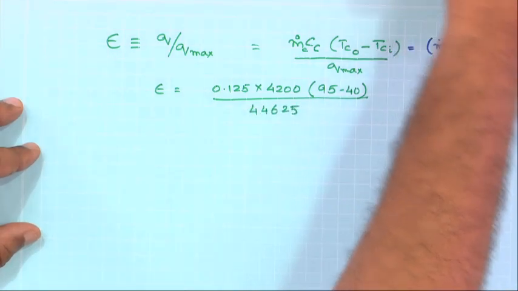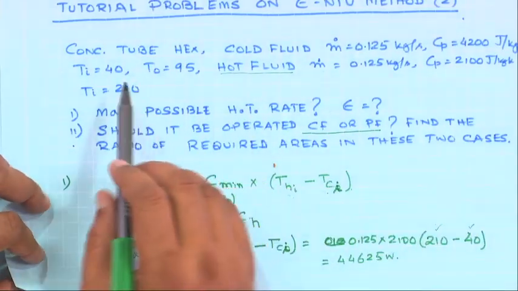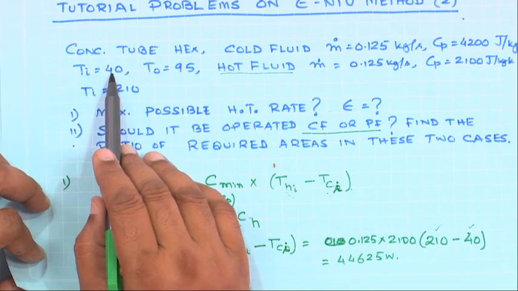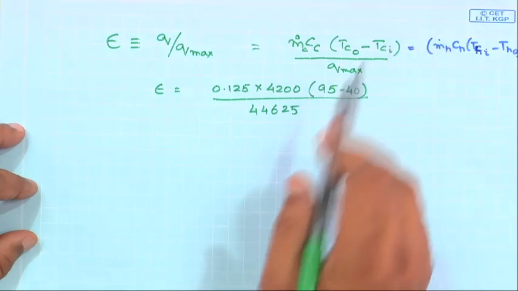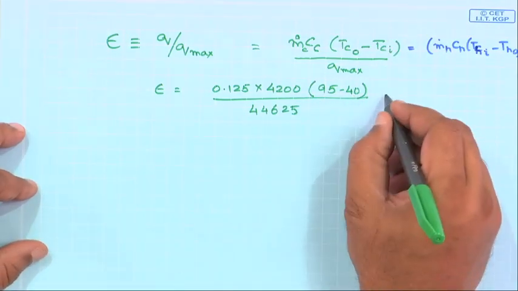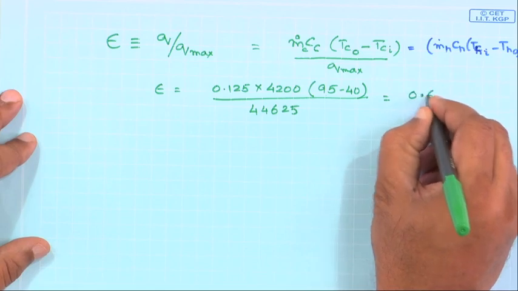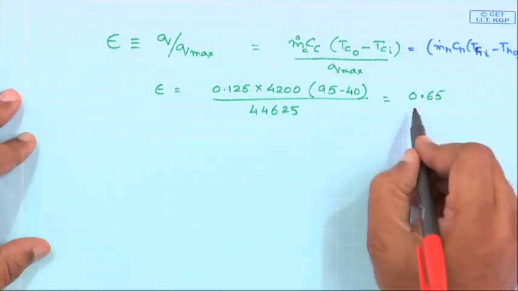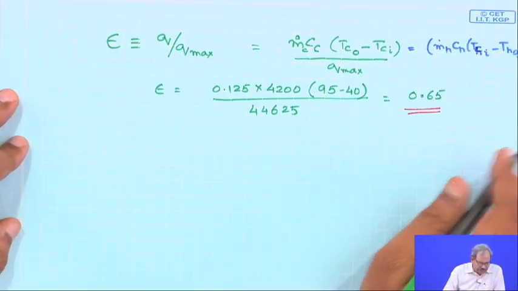I will go back to the previous slide, where the description of the problem mentions that for the cold fluid the temperature change is from 40 to 95. Therefore, this temperature difference is provided, and this value can be calculated as 0.65. So, that is the value of epsilon obtained in the present scenario.